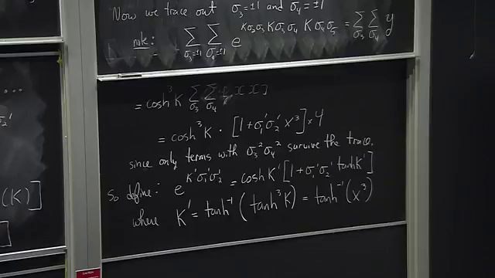So I forced, again, the sort of coupling to be nearest neighbor. K prime acts between sigma 1 prime and sigma 2 prime.